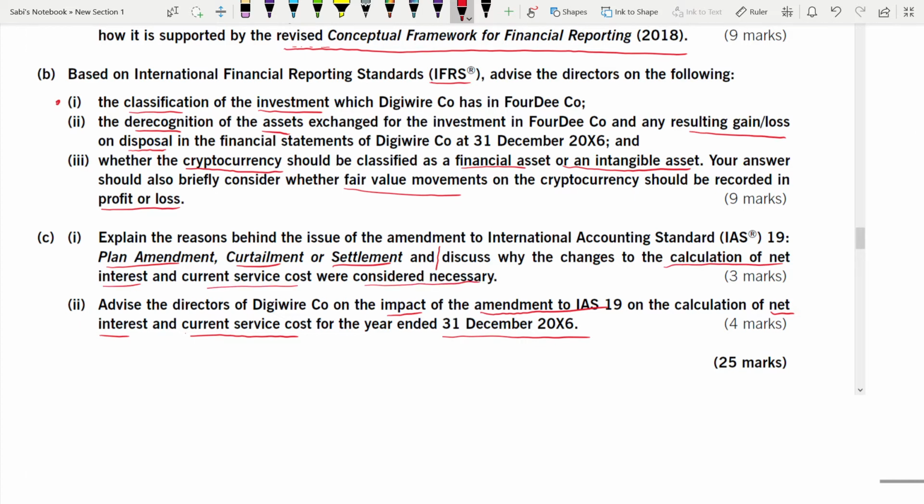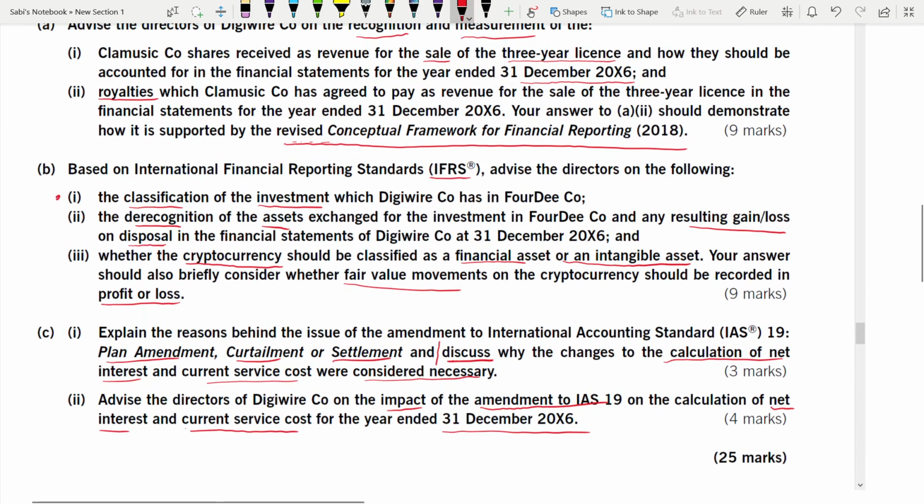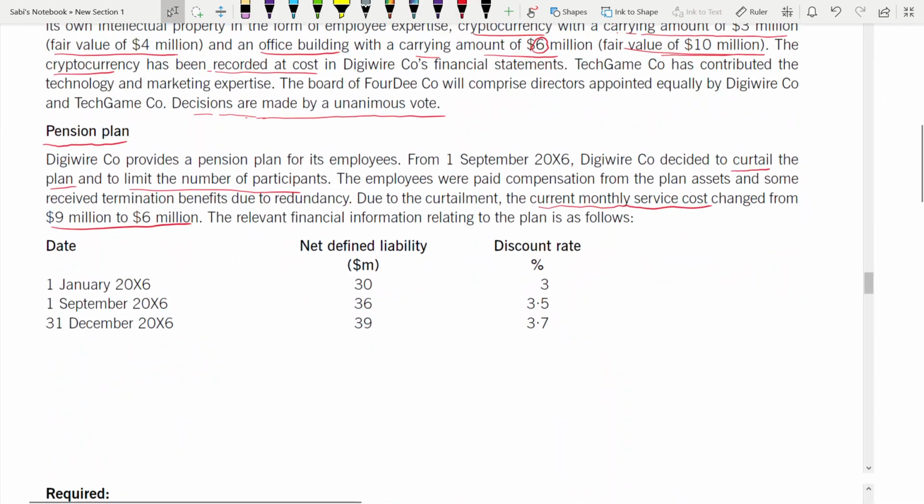Now it's very easy for you to do calculation because the word said calculation. That's why read full sentences and what it means. They told discuss why the changes to the calculation. They didn't tell you to calculate. So no calculation is required in the first part. Second part, yes, because they told calculation. Definitely they will give you calculation. It cannot be that it's full theory, because otherwise why the numbers are given to you. So using these numbers you have to calculate now.